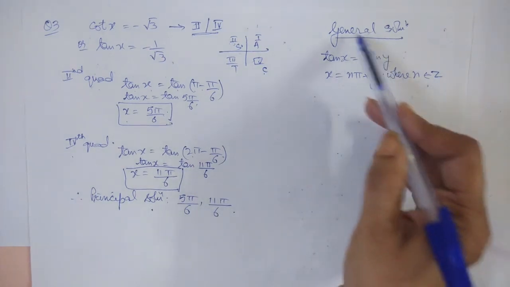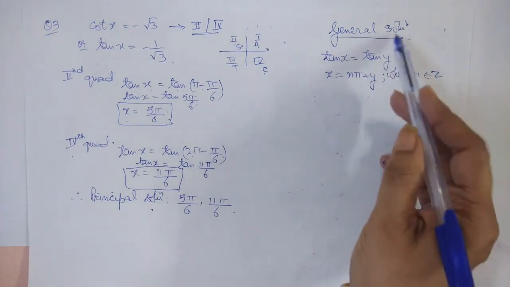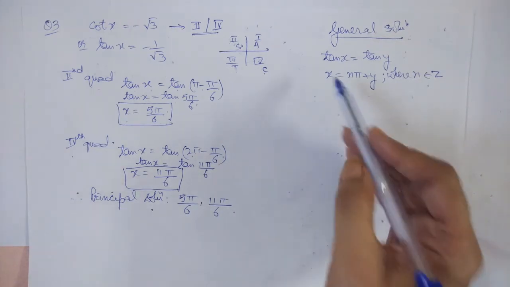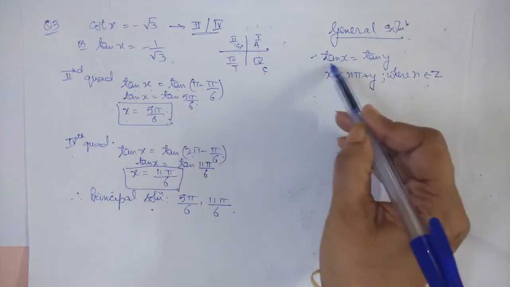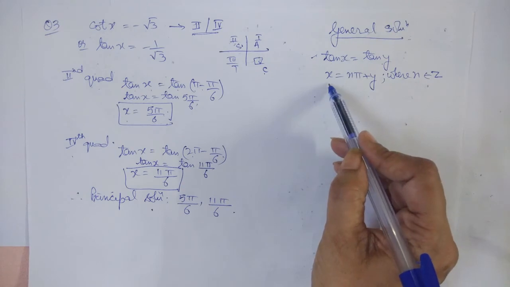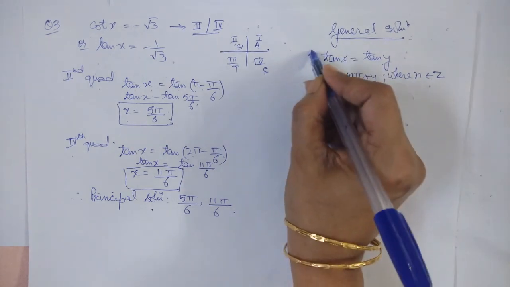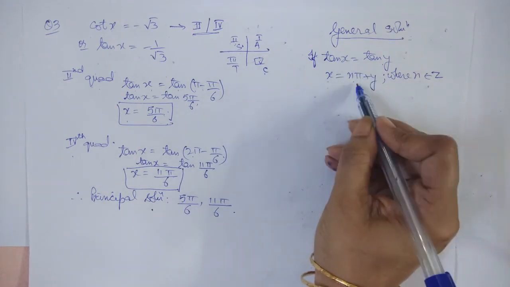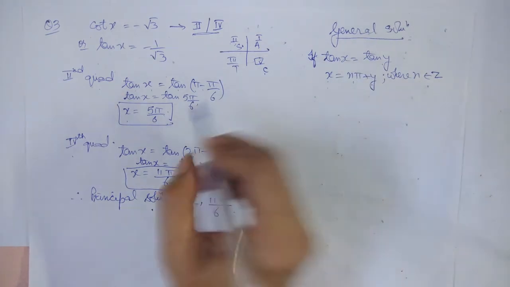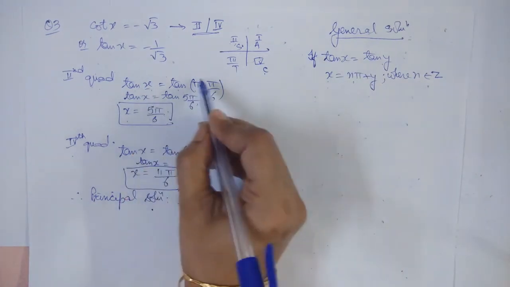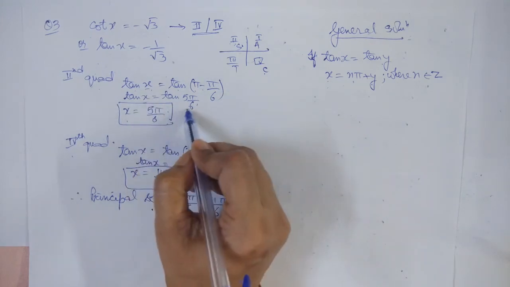Now to get the general solution, as it is in terms of n, so for general solution, tan x equals tan y, then x equals n pi plus y. So this is x and this is y.